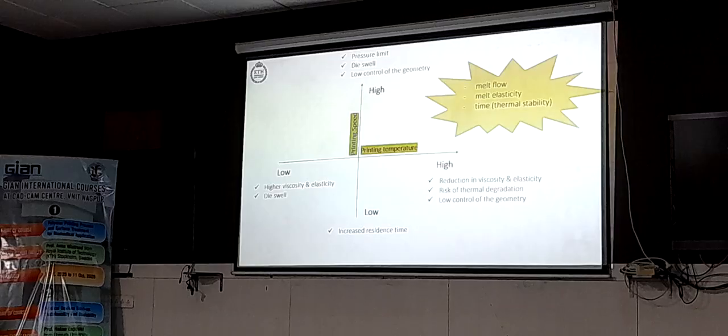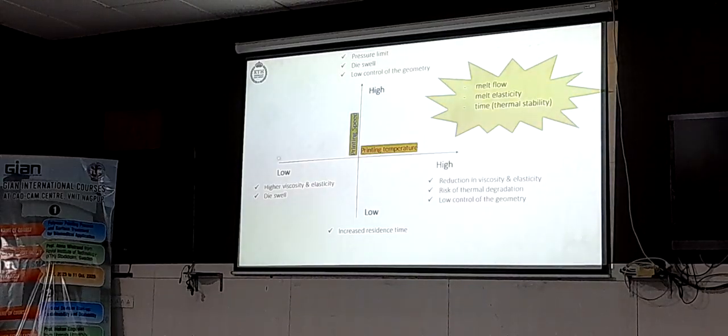If you look at this chart and focus on the printing temperature, if we have a high printing temperature, then of course we will reduce the viscosity and elasticity of our melt. But we risk thermal degradation if we are not below where the polymer starts to degrade, found by DSC, as we discussed yesterday. It can also be a bit difficult to control the geometry, because if you have a low viscosity, then it might be difficult for it to stabilize afterwards.